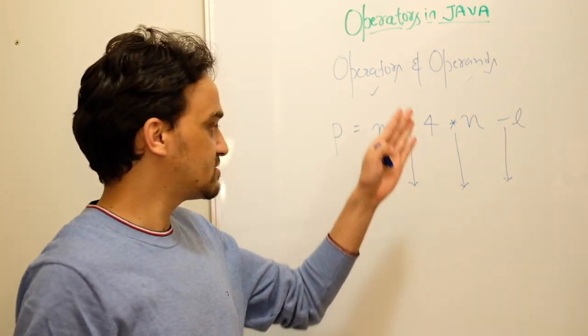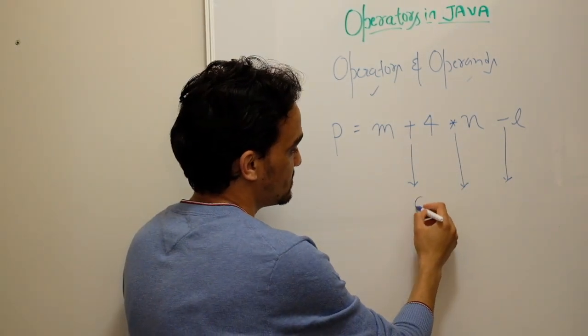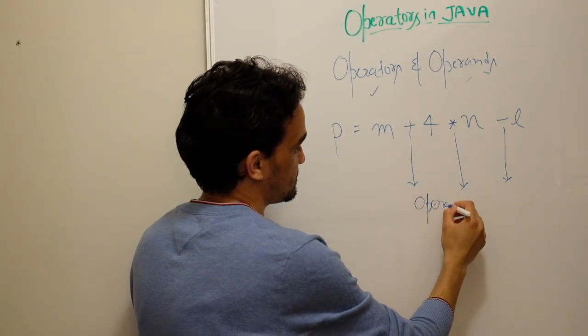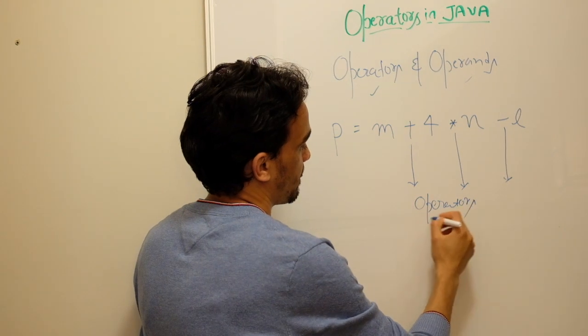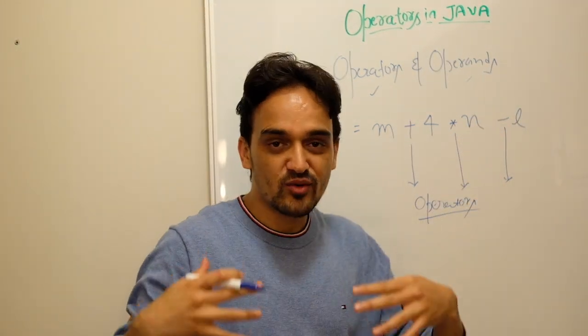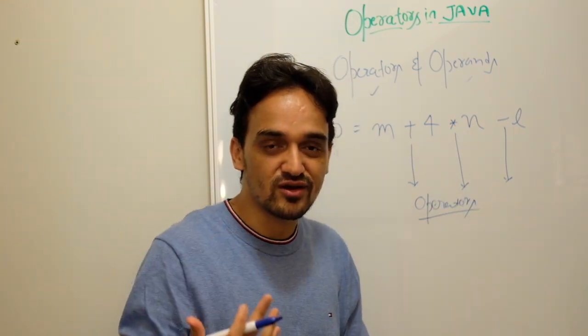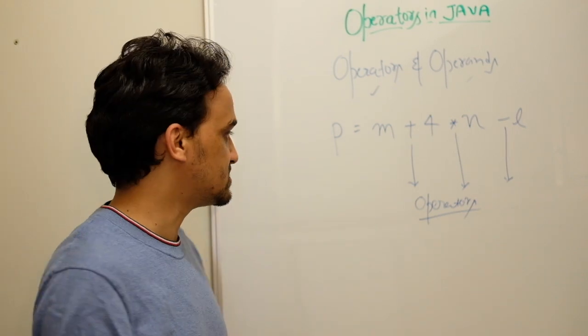These plus signs, multiplication signs, or minus signs are nothing but the operators. So operators are nothing but a symbol or a token which transforms an expression. Those are used for arithmetic calculation.